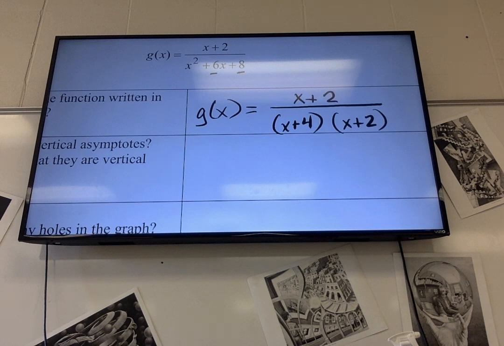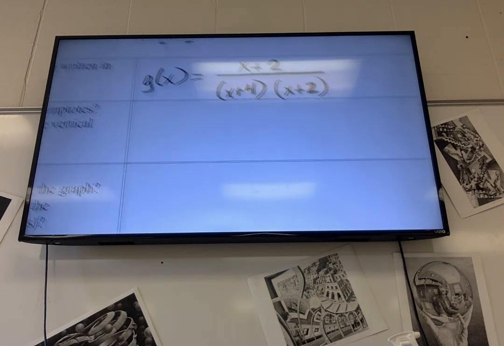Question? Okay, again, I'm going to keep asking you questions about each one. So if you haven't figured out the next one, the vertical asymptote, go ahead.